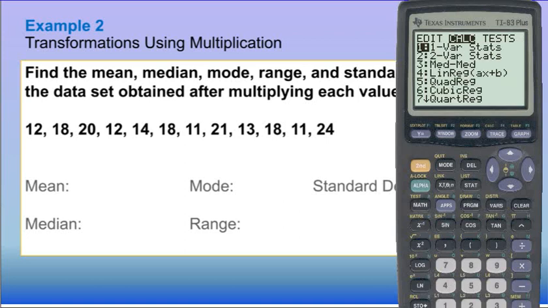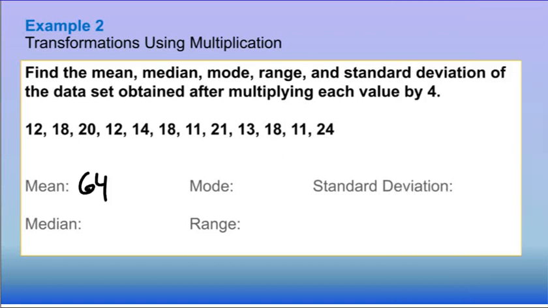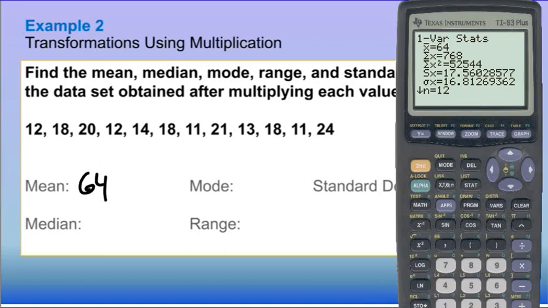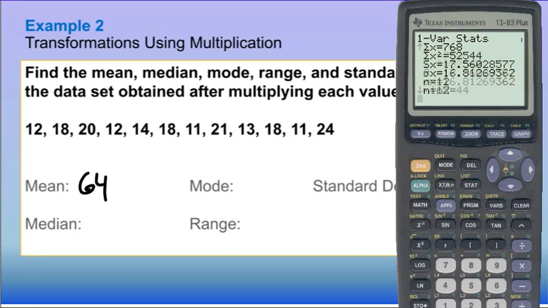That calculates number 1, enter. We get our mean as 64. Our standard deviation is 16.8. Our median is 64.